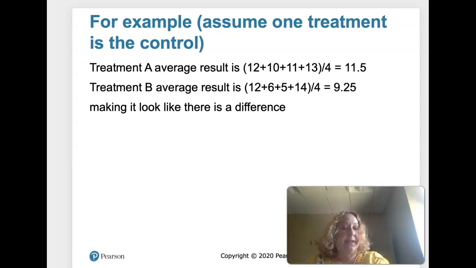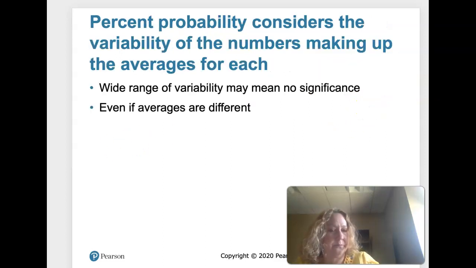So, for example, assume we had one treatment where the grams were 12 grams, 10, 11, and 13, and then 12, 6, 5, and 14. Well, it looks like there's a difference, but what's going on with the 6 and 5? Maybe there's something else happening that isn't related, because this 12 and 12 are the same and this 14 is larger. So even though the averages are different, it feels like maybe that's not a treatment effect.